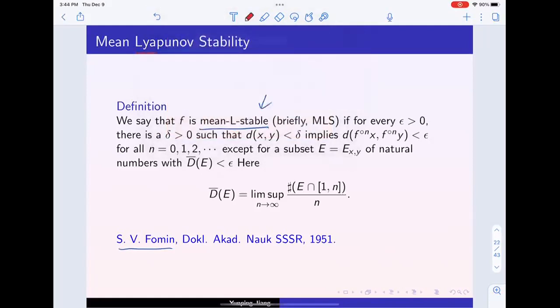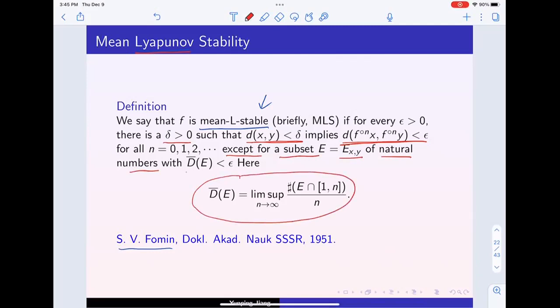It says that for every epsilon bigger than 0, there is a delta such that as long as the distance between x and y is less than delta, the distance between the orbits is less than epsilon for all integers, except for a subset of natural numbers that has density less than epsilon.